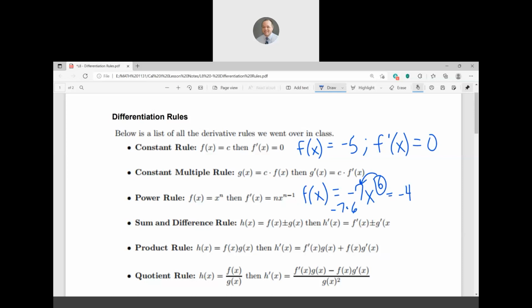So that will give us -42. And the last step, you subtract 1 from the original exponent. So that would be -42x to the 5th power.